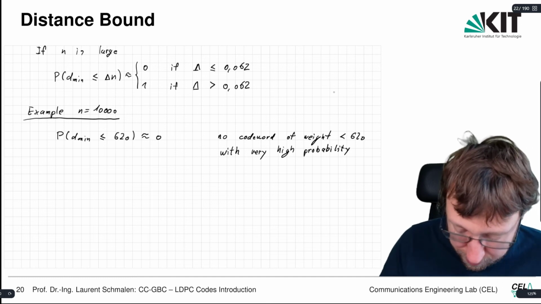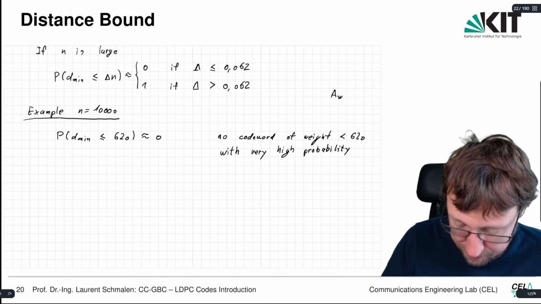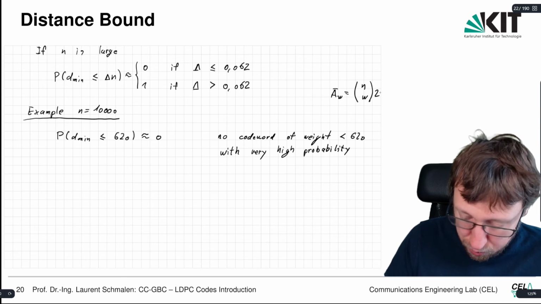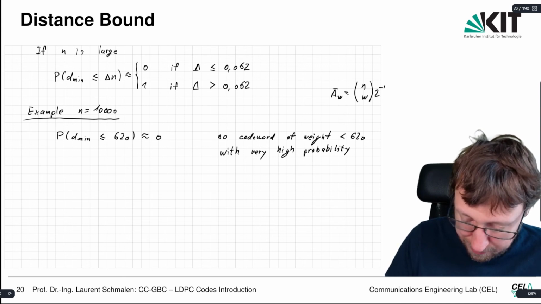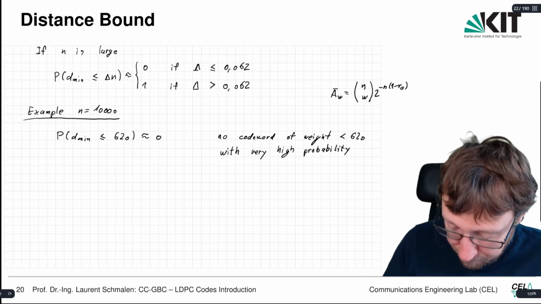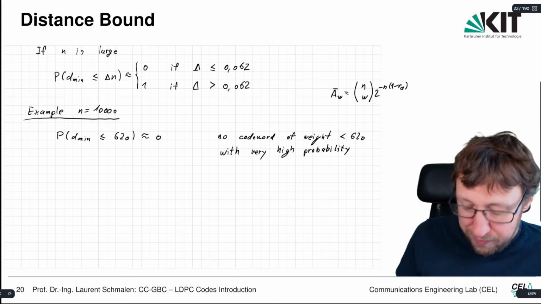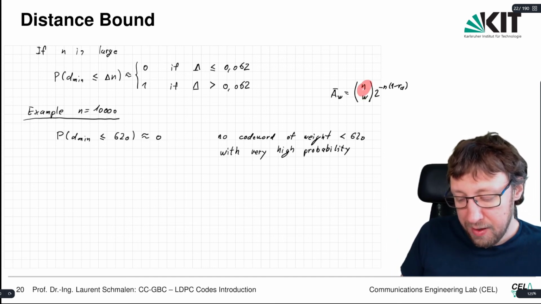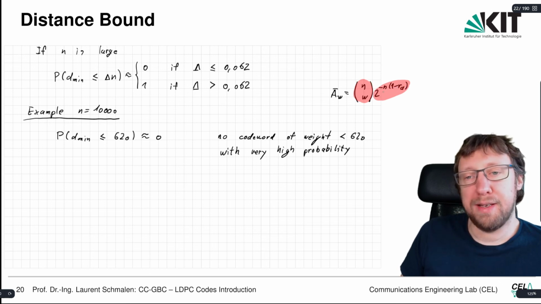And let's take a look. This depends on A bar W, which is n choose W times 2 to the power minus n times 1 minus the rate. So essentially, if W is small, then this guy will have no effect and this exponent will dominate this expression.